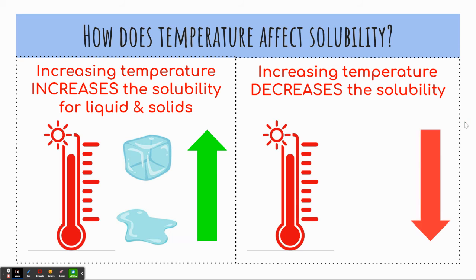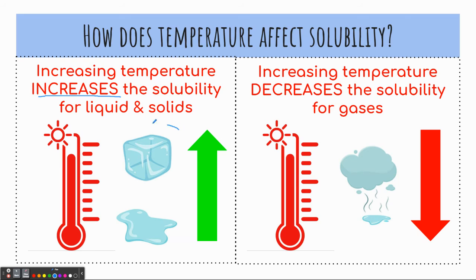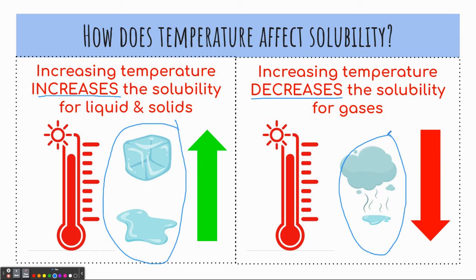Increasing the temperature decreases the solubility for gases. So again, increasing the temperature increases the solubility for just liquids and solids, but decreases the solubility for gases. You can't dissolve as much if you increase temperature for gases.